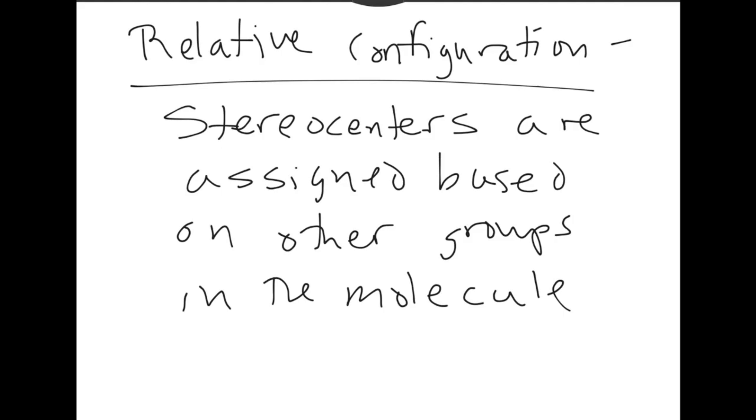You don't know 100% if you have R or S for your chiral centers, but what you do know is that these two groups are on the same side or on opposite sides. So relative configuration often comes down to being cis or trans, things on the same side or things on opposite sides.